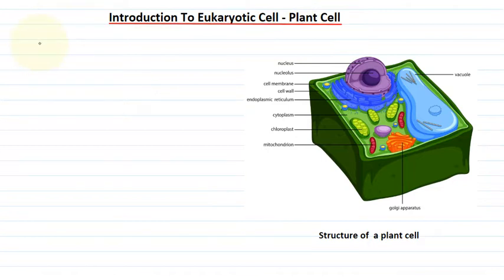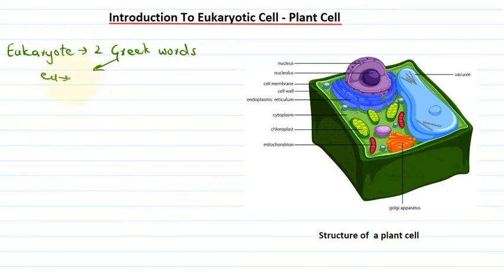So the basic things remain the same, that is the term eukaryote is derived from two Greek words, right? This we had already studied in the previous video. That is, U means true, and the term karyon means nucleus.